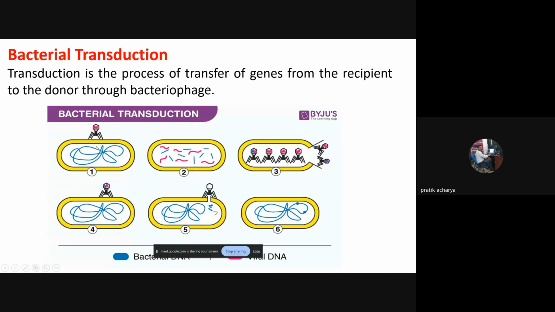This color is bacteriophage DNA. Okay. When bacteriophage incorporates its own DNA or RNA, any kind of nucleic acid material into the bacterial cell, they start multiplying in the bacterial cell because the bacterial cell is the host for virus.